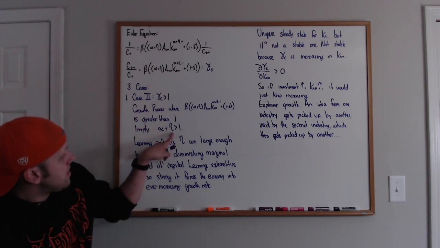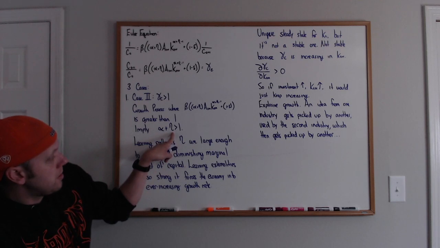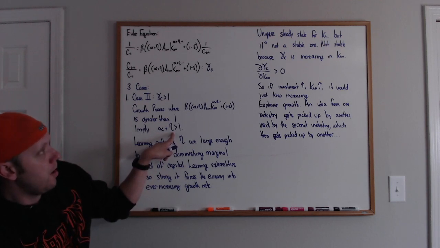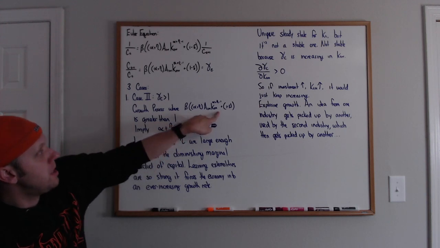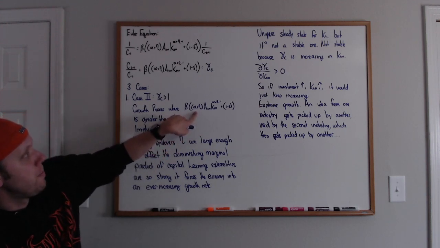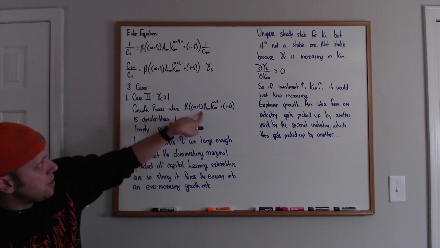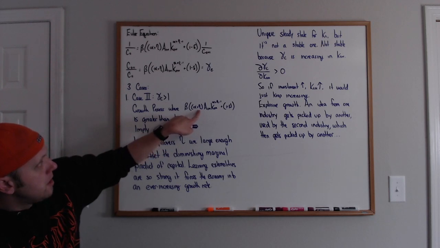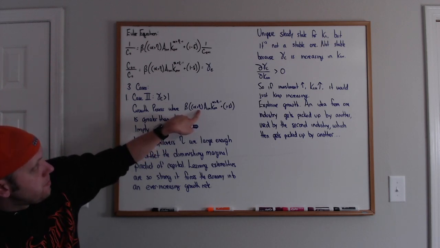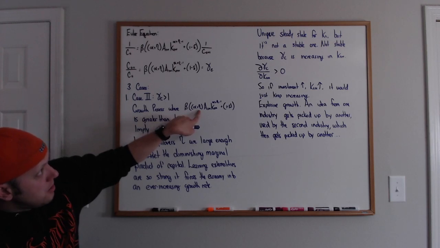That would mean that this eta, these learning spillovers, these learning externalities, are so large that while we should have a diminishing marginal product of capital, the spillover is so big that we actually don't have a diminishing marginal product of capital, because we're adding eta to this, which makes it really, really big.